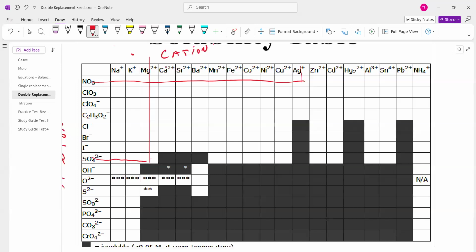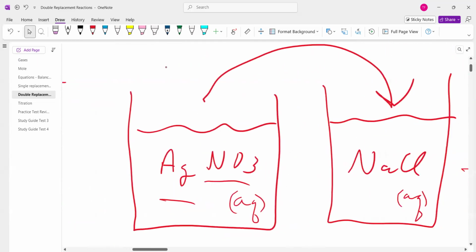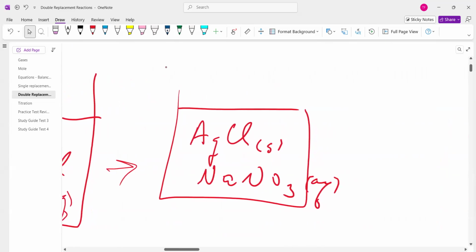That's why there's no solid in that one beaker. Sodium chloride. Sodium chloride, again white. That's why there's no solid in that other beaker. When we dump them together though, there are two new possibilities of hooking up. Silver with the chloride and sodium with the nitrate.